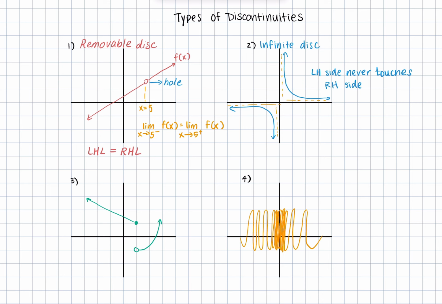So let's look at this example over here. This is f of x equals 1 over x. We see the left-handed side of this function, which is over here, is never going to touch the right-handed side of this function because of the asymptote. Therefore, this is an infinite discontinuity.